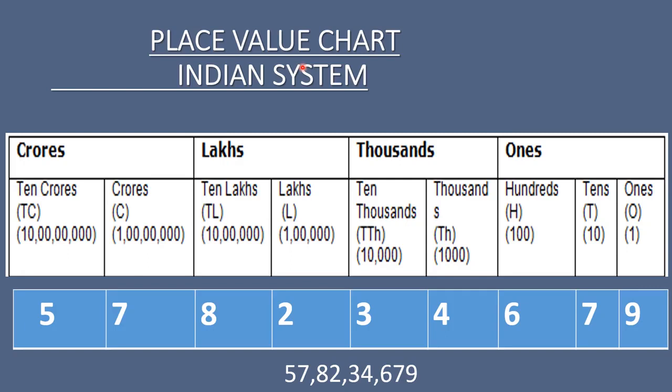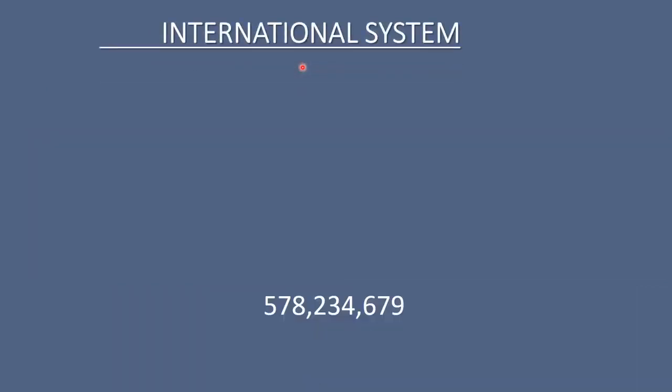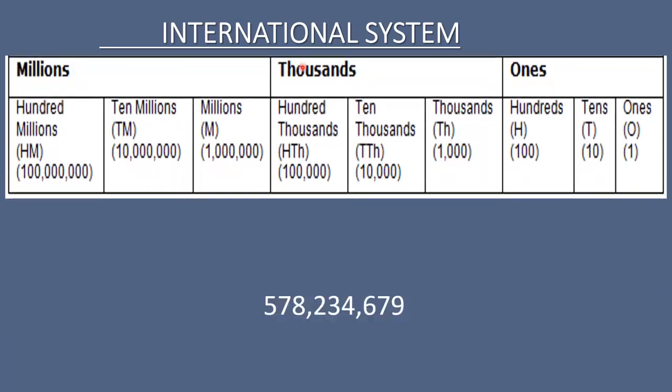Now I am going to tell you the international system of numeration. In the international system of numeration, in ones period, there are three places: ones, tens and hundreds. In thousands period, thousand, 10,000 and 100,000 place. In millions period, millions, 10 million and 100 million place.